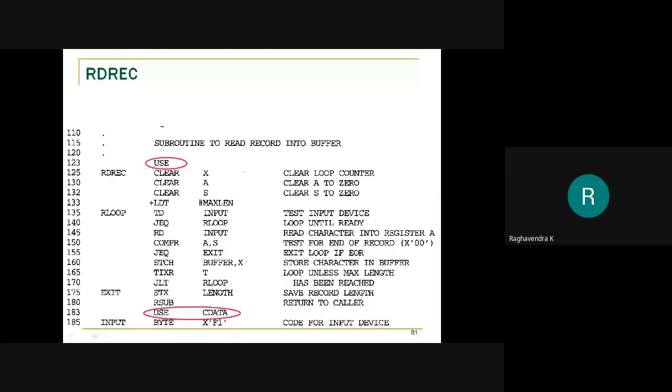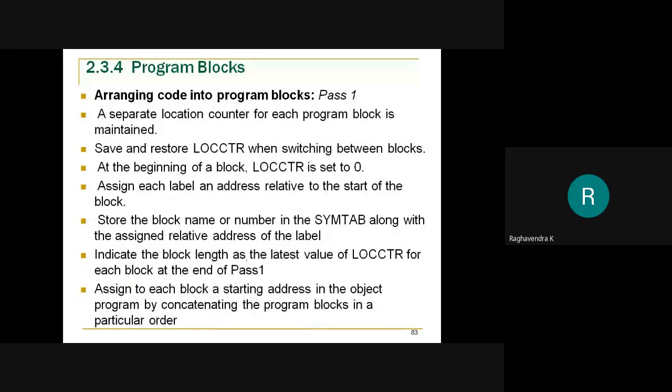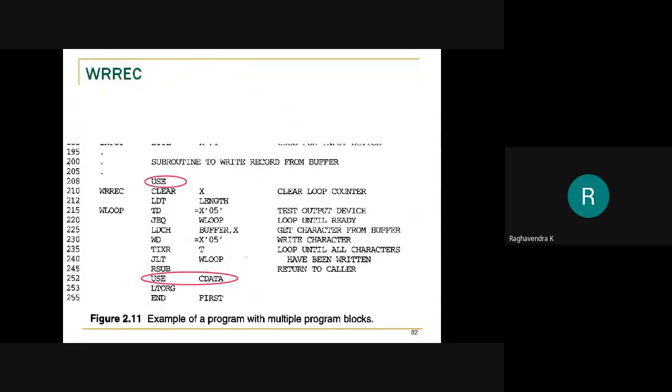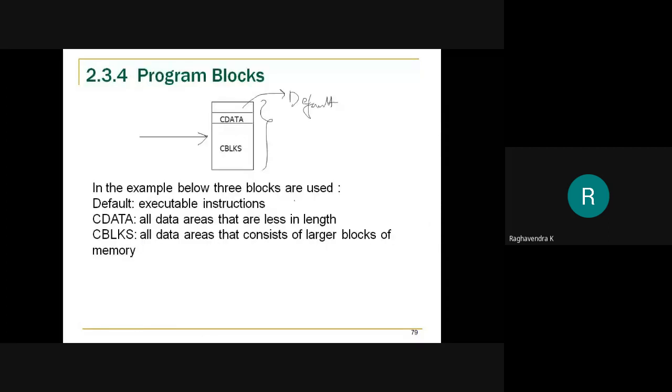Using that strategy, we rearranged our code and made our program look something like this. The advantage is that all the instructions are present closer to each other, and all the data required for those instructions are also present closer to each other. Only the larger area which was in between was moved towards the end.